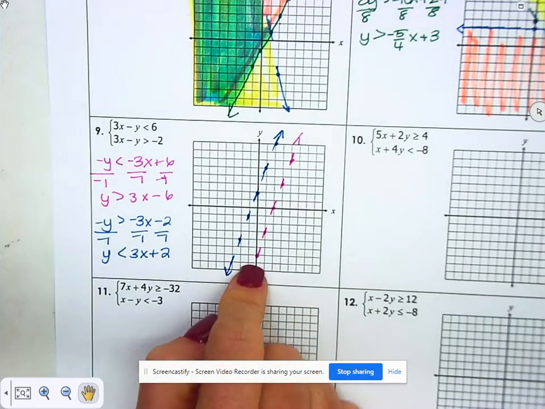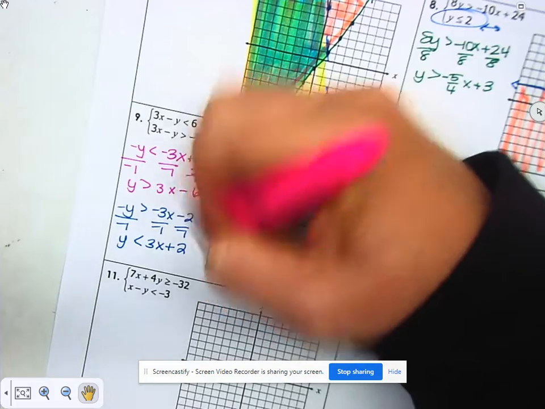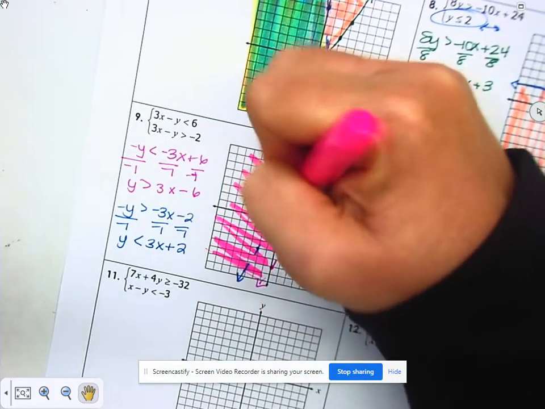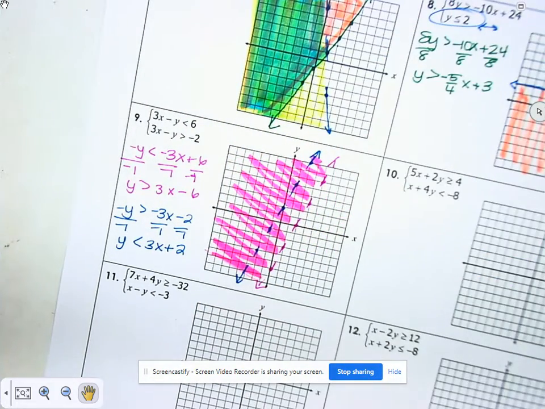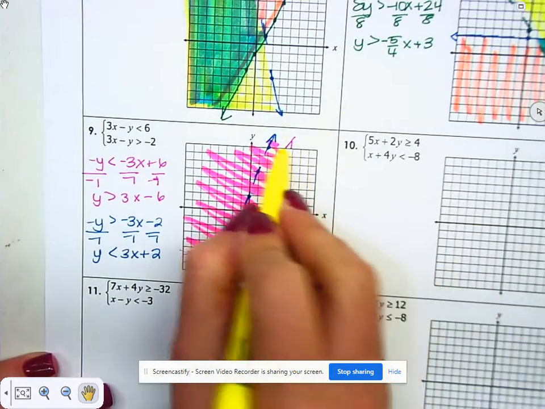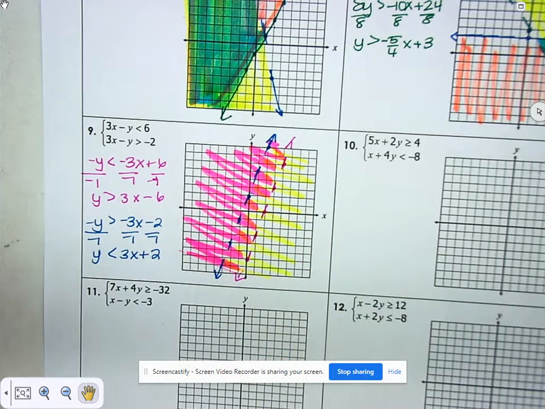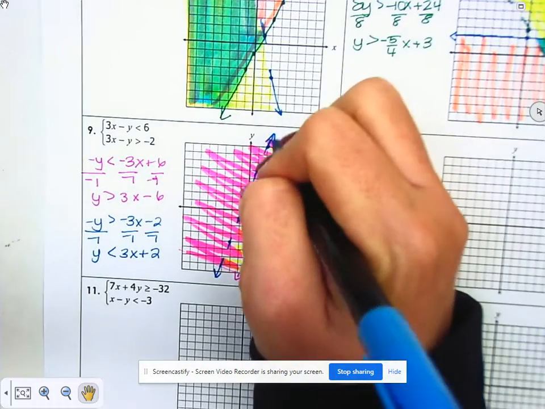So for the pink one, our shading is going to be above. So that's everything this way. And then for our blue one, our shading was going to be below because it's less than. So that's everything this way. So they overlap here in the center between these two parallel lines.